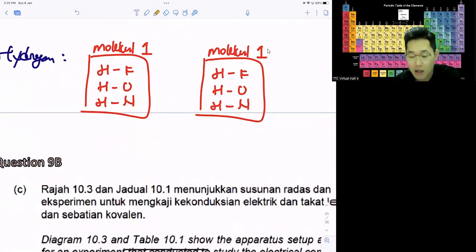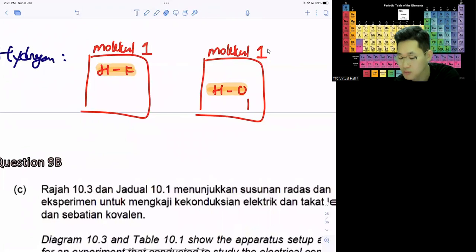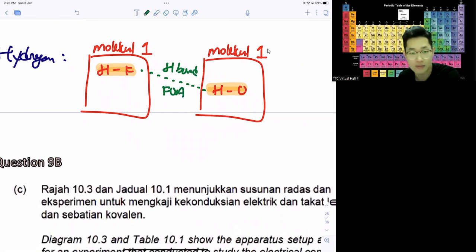So the molecule must have its own handphone. I don't care whether you use iPhone, Samsung, or Oppo, as long as you have one of it. So molecule one has this one, then molecule two has the HO. Then they can form hydrogen bond with one another. By the way, hydrogen bond is actually a force of attraction between two molecules. So they attract together.